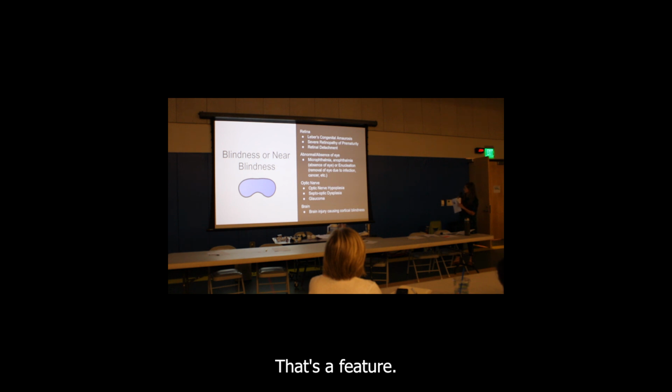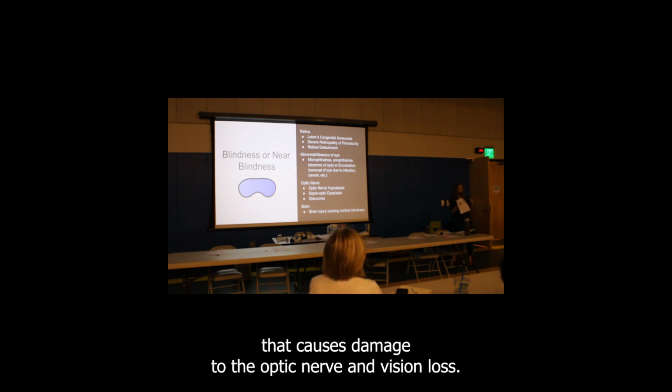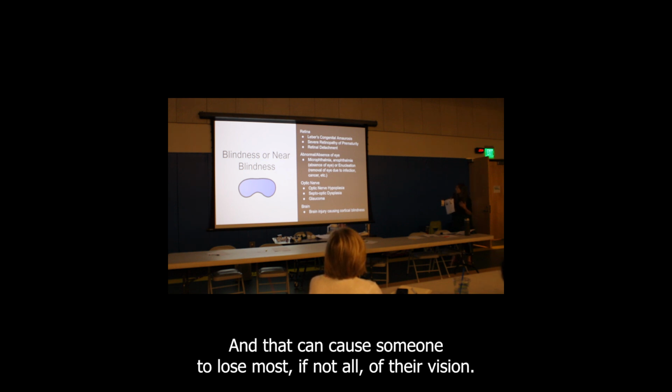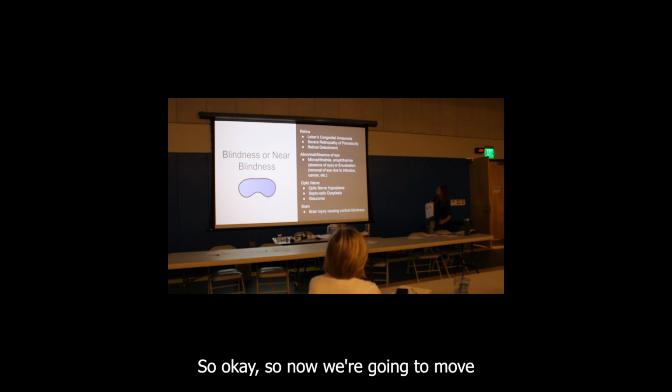And then glaucoma is increased pressure in the eye that causes damage to the optic nerve and vision loss. And then it can cause someone to lose most, if not all, of their vision. And then a brain injury could cause someone to not be able to sense light, depending where the injury was.